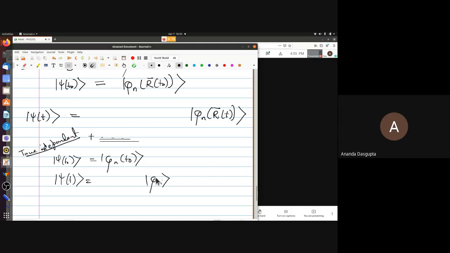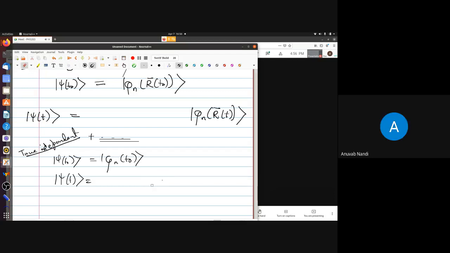If psi(t0) is phi_n(t0), is psi(t) phi_n(t)? I'm asking a simple question from time independent Hamiltonian. Yeah, with an additional phase. Okay. There may be a phase difference, as Aniruddha says. You said there may be an additional phase. It's not a question of maybe, or not just the phase is all that happens here, right?